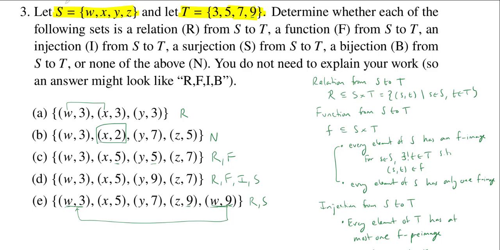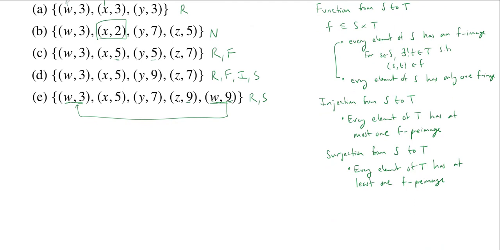Okay, finally we have bijection. And bijection is just injective and surjective. Or if you like, every element of T, well, let's see. To be injective, you have to have at most 1 pre-image. And to be surjective, you have to have at least 1 pre-image. Well, if you need both of those, at least 1 and at most 1, that means you have exactly 1.